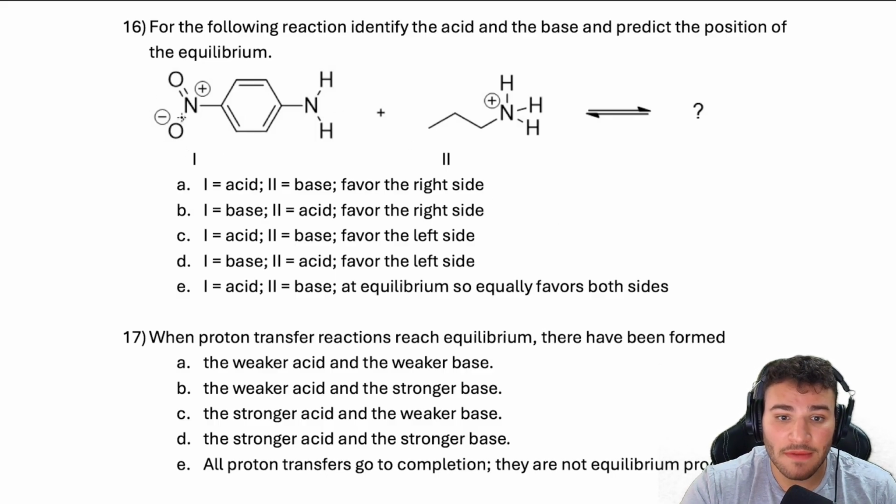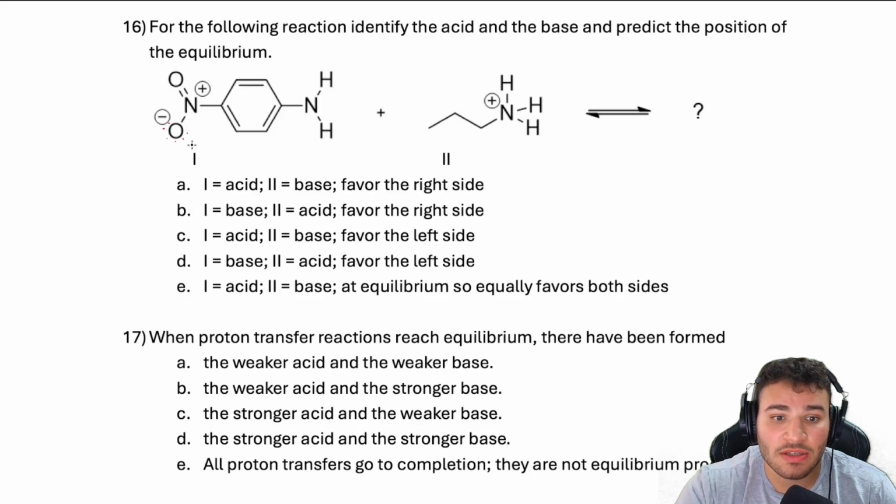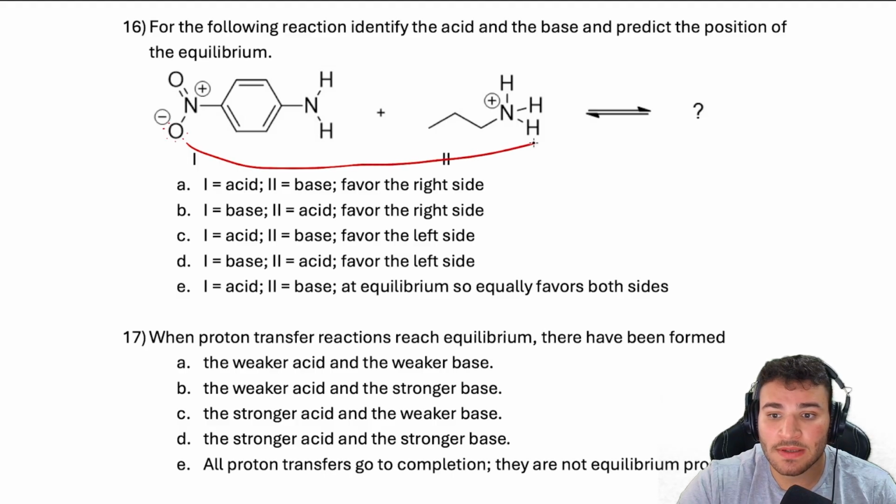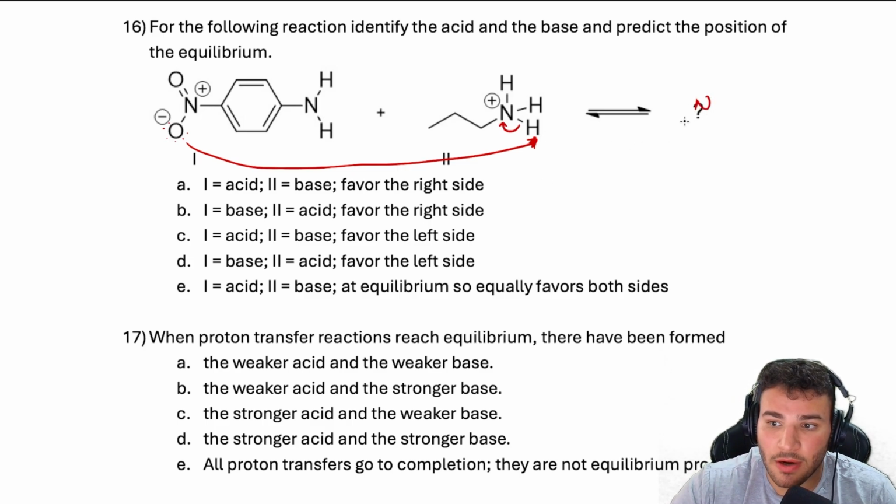On the left side, we have an oxygen with a negative charge, meaning that it has an extra lone pair. It's totally possible that one of these lone pairs can reach out and grab one of these protons, and the bond that this proton is held by can break, and these lone pairs can hop onto the nitrogen. Then our products, sorry, I'm drawing over the question mark, are going to look like so.